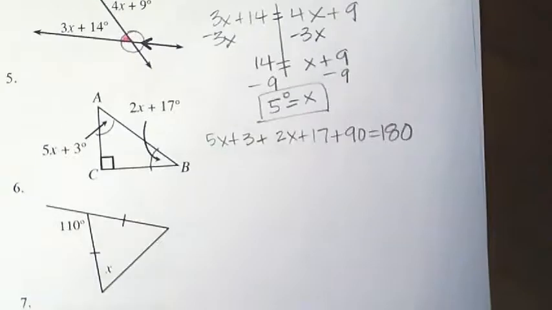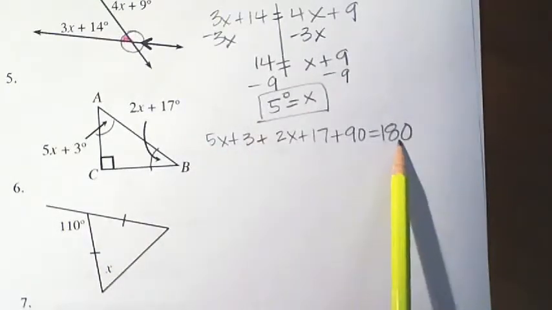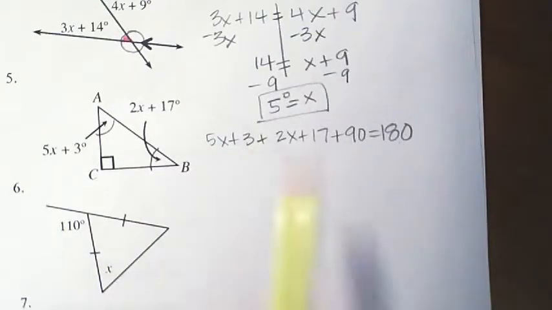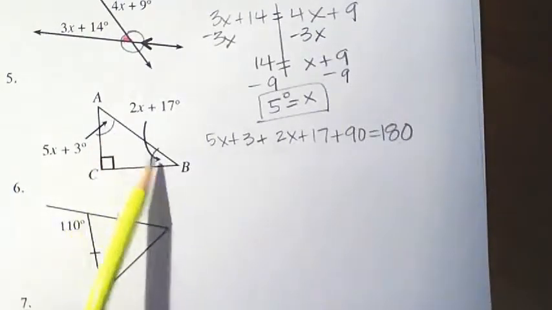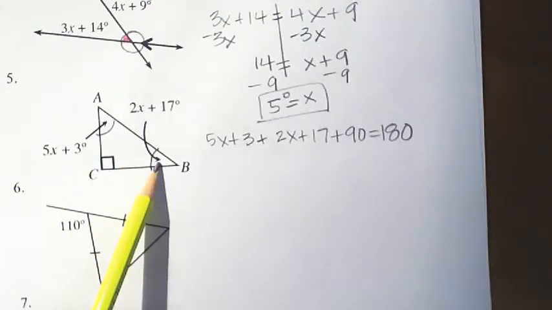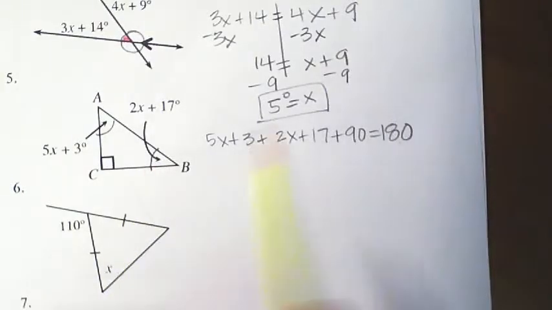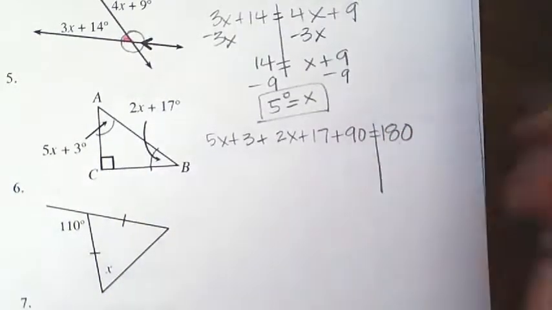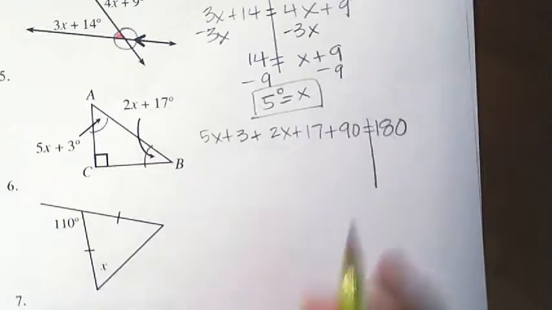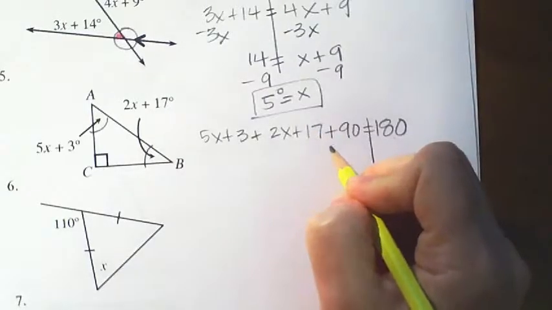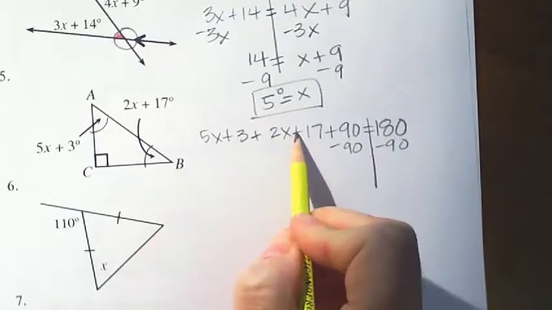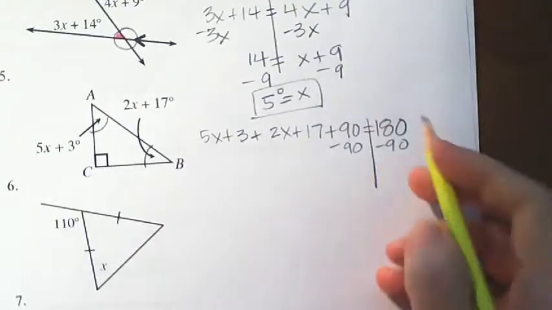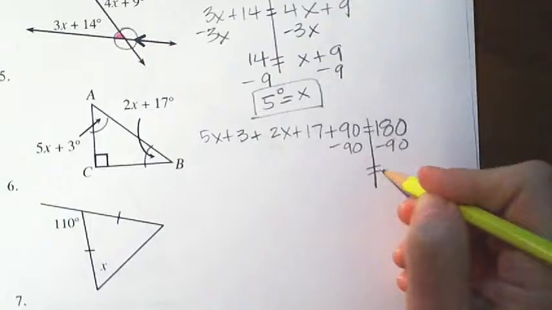Now, when I do this in the future, I probably will skip over this part and go straight to the next step. If I see a right angle, then I know that these two angles right here are going to add up to 90. Now you can start like this at any time, doesn't matter. I just usually don't. I skip over it because I know that these two angles together are going to sum to 90. 180 minus 90 is 90.